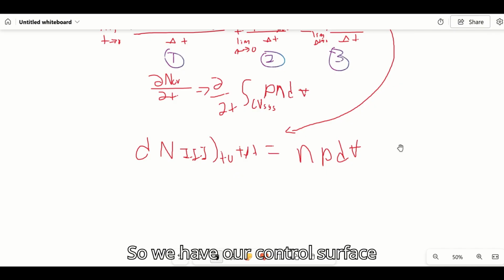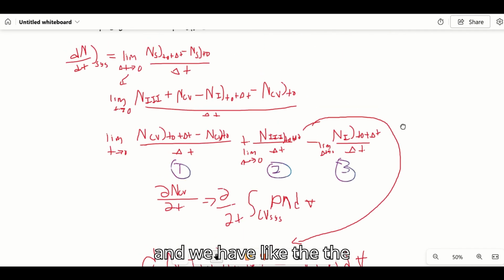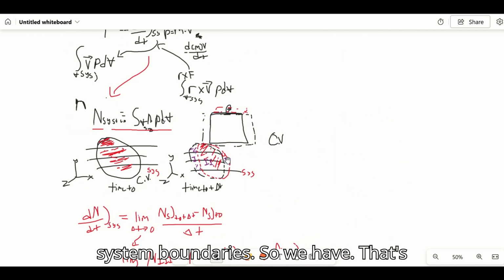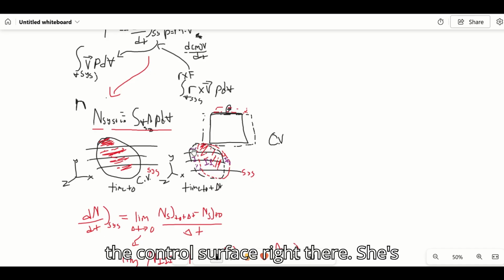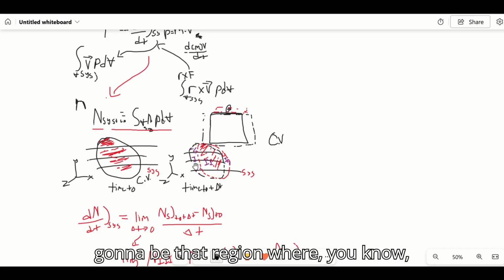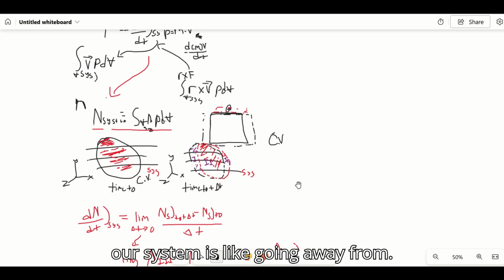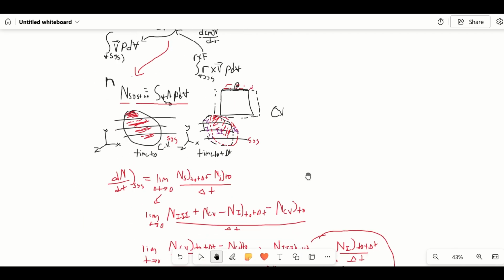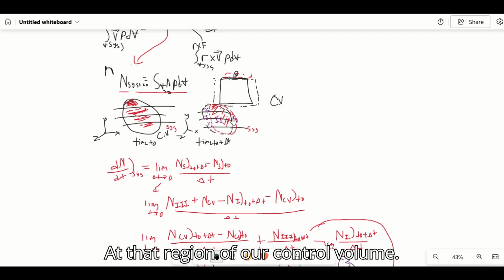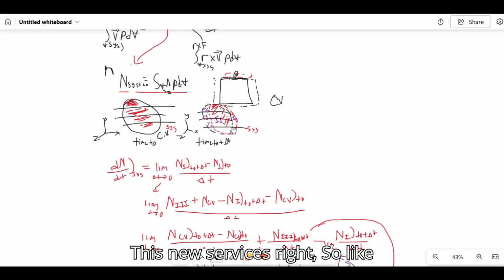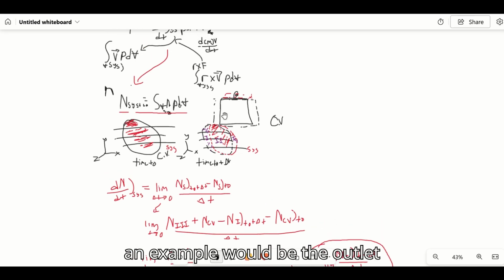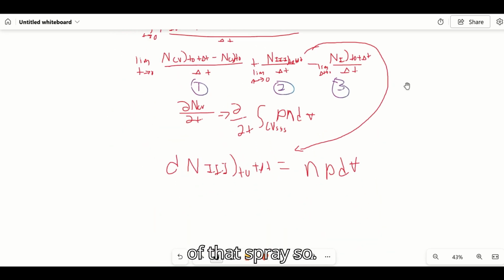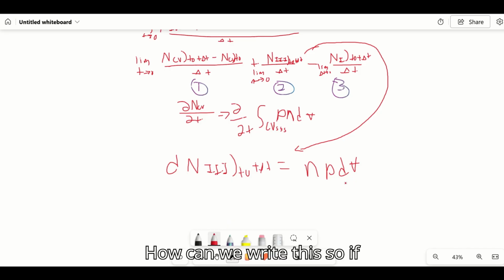We need to obtain volume, right? So we have our control surface, and we have the system boundary. That's the control surface right there, which is the region where our system is moving away from, these new surfaces, right? An example would be the outlet of that spray. So how can we write this?